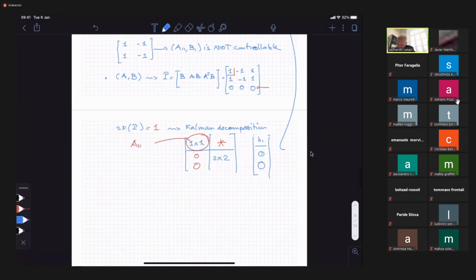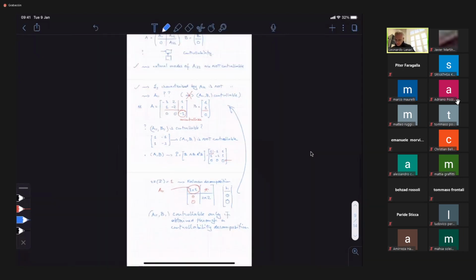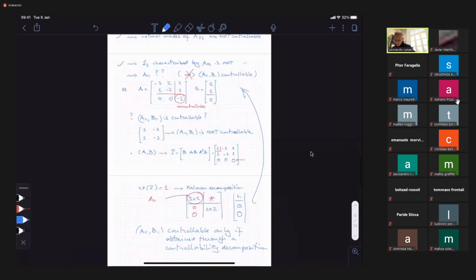So A11 B1 is controllable only if obtained through the controllability decomposition. Since this is a typical error, I would like to avoid that you make it.